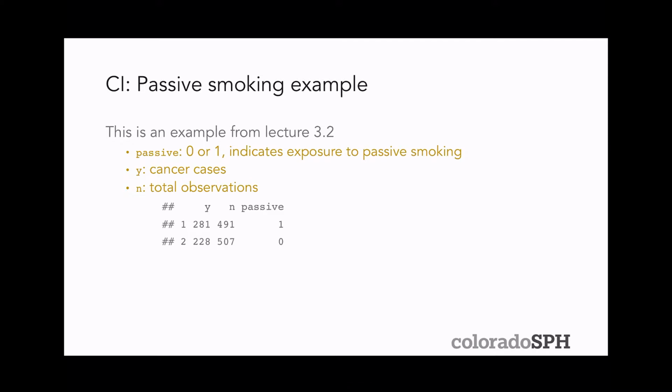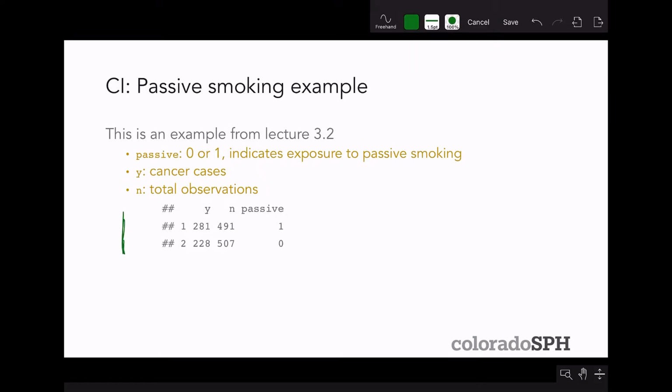So I'm going to bring us back to our example from lecture 2. In passive smoking, basically we wanted to know if passive smoking, also known as secondhand smoking, is associated with lung cancer. And in our data, there's the variable passive, that's 0 or 1, indicating exposure to passive smoking. Y is the number of cancer cases, and N is the total number of observations.